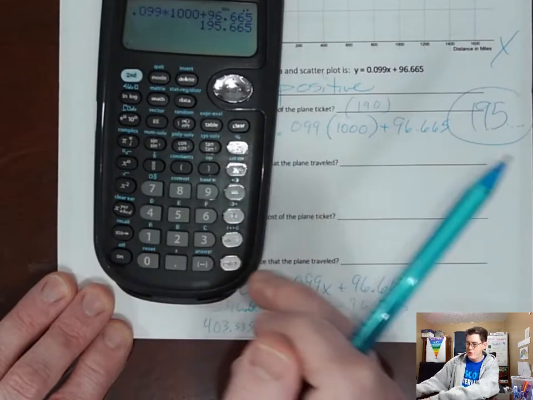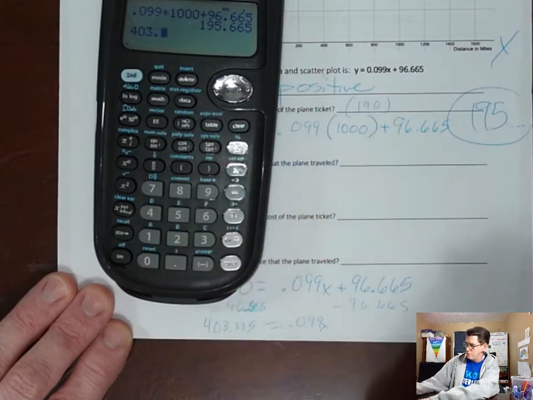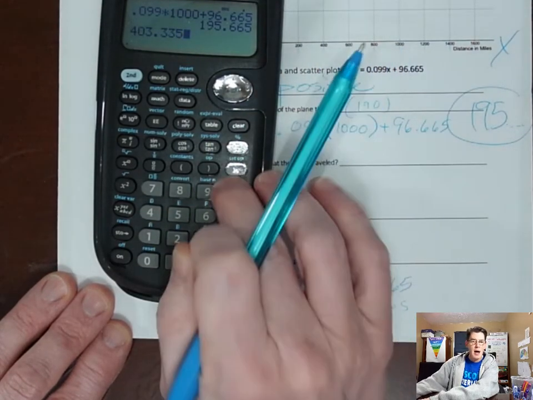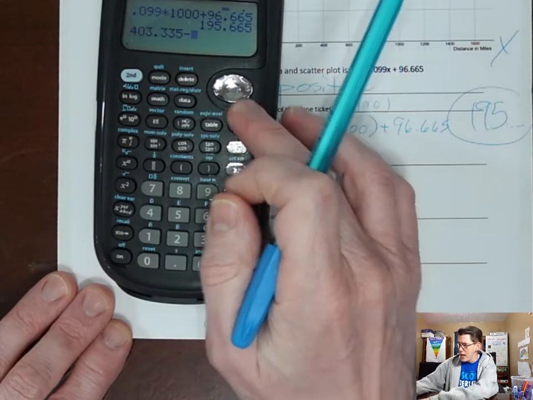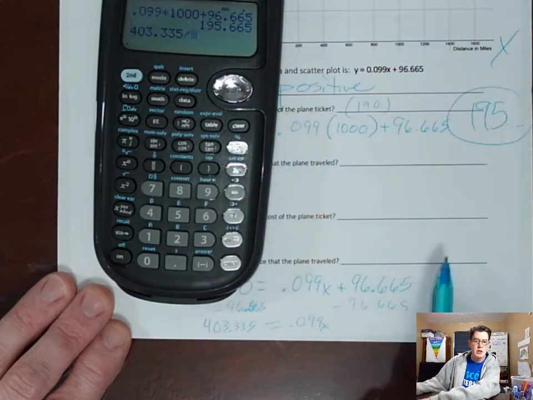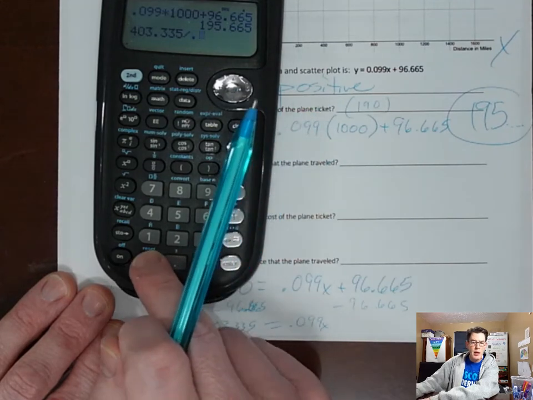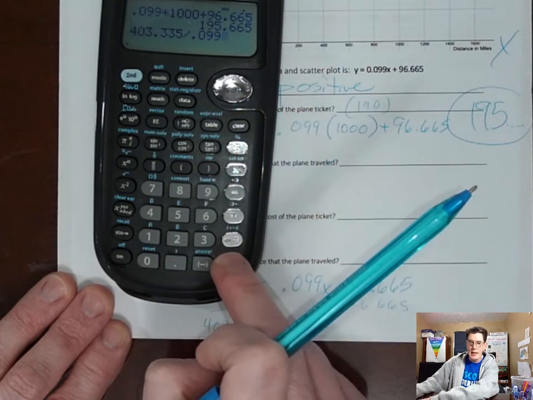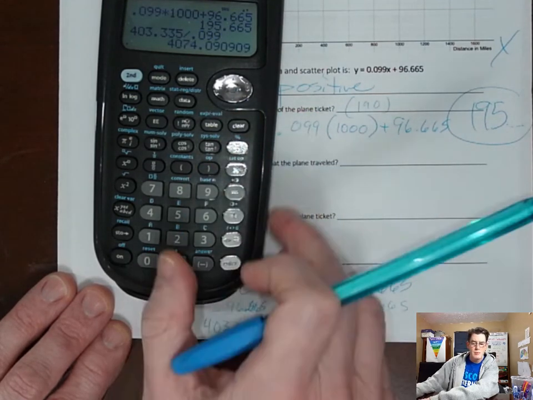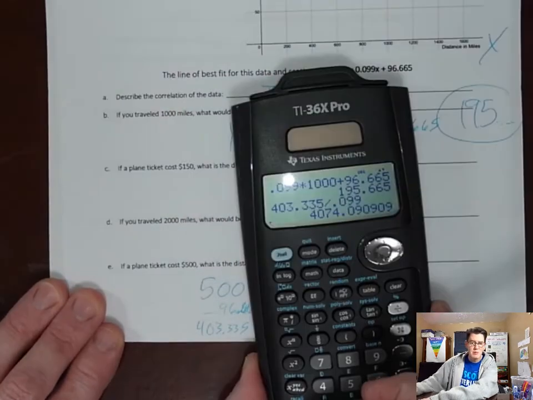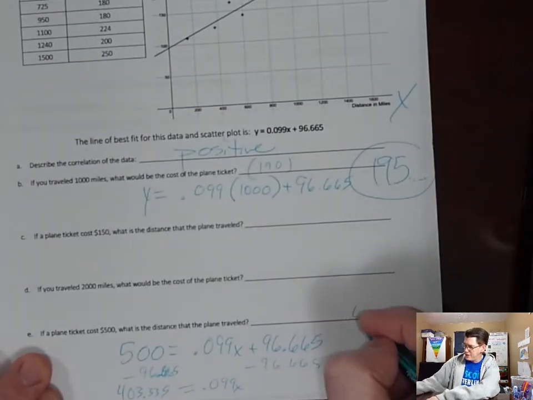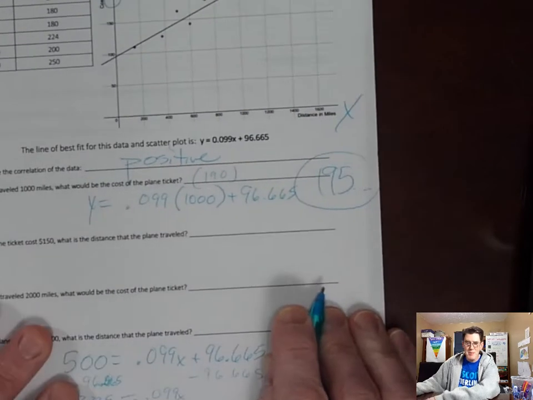Then to get x by itself, just divide that off. 403.335 divided by 0.099 is 4,074. Does that make sense?